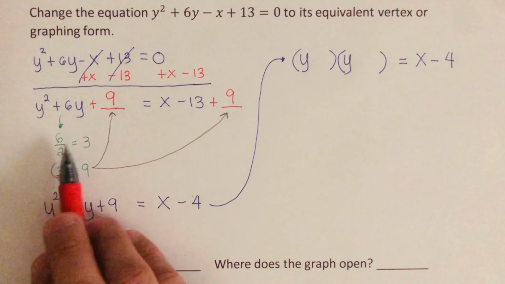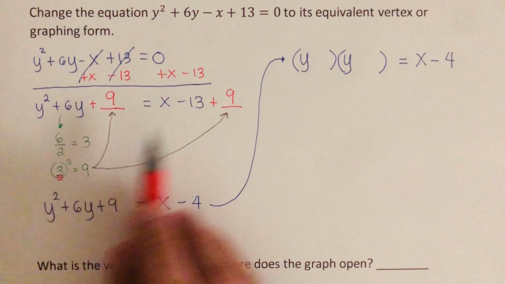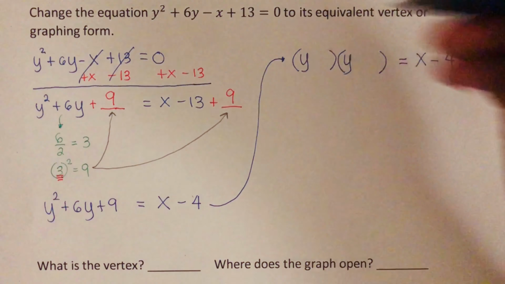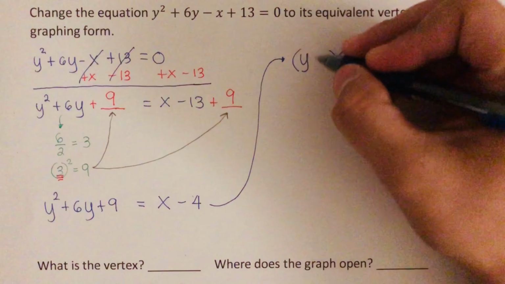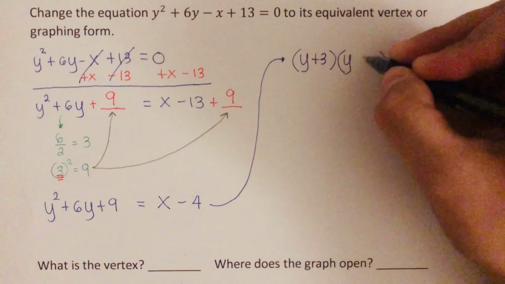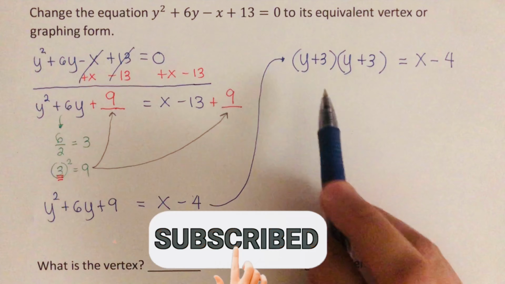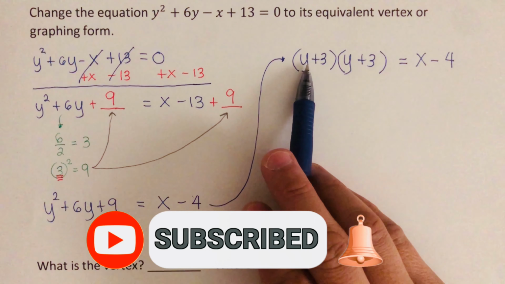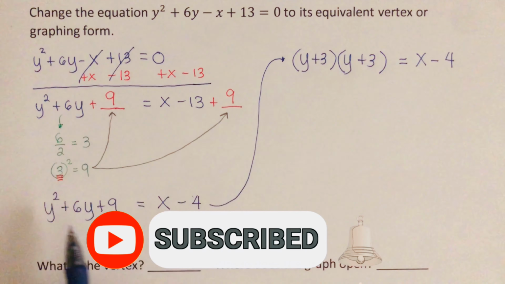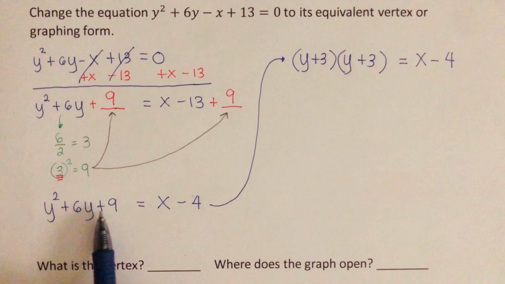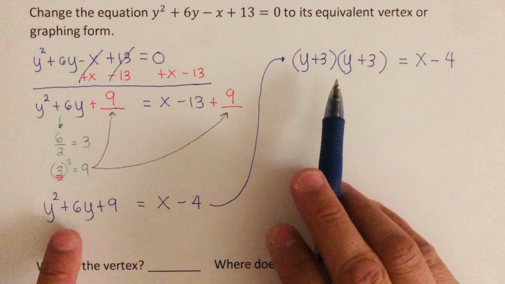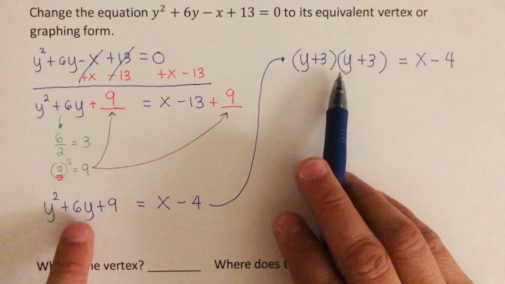After you divide it by 2, the number right there should go up here. So that would be a plus 3 since it's positive. So plus 3 and plus 3. And this makes sense because if we use the area model for these two, it would come out y squared plus 6y plus 9. So this is the factored form of this.